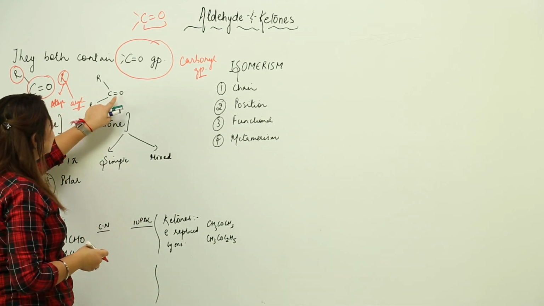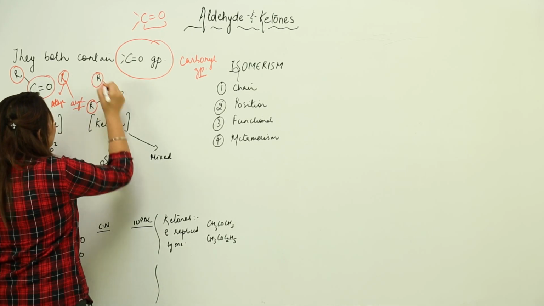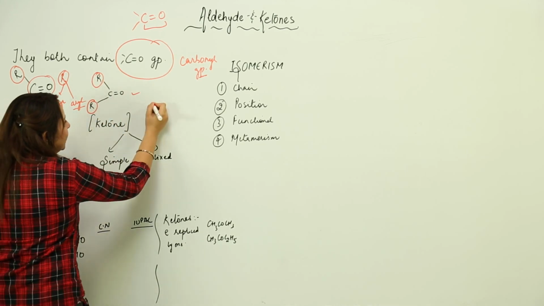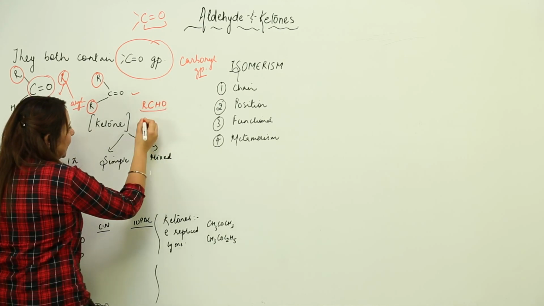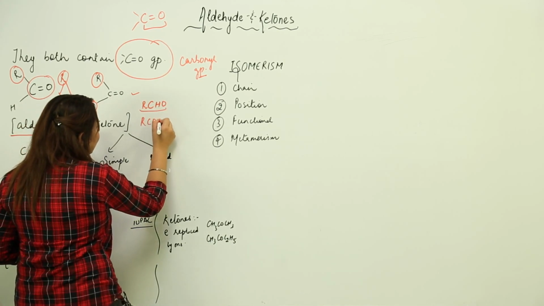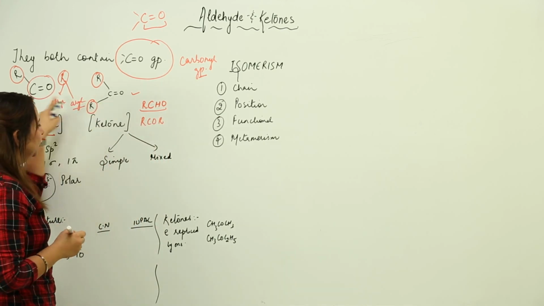And if both the bonds are with alkyl or aryl groups, it is said to be a ketone. So if you have a structure like RCHO, it is particularly an aldehyde, and if you have a structure like this, it is particularly a ketone. Both of them contain this carbonyl group.